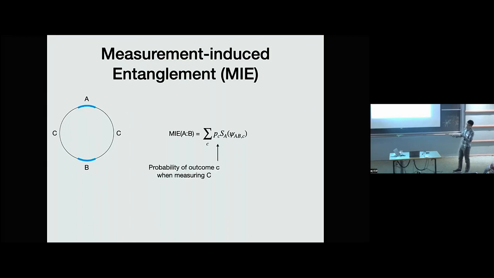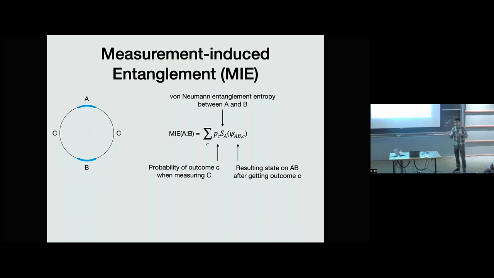And after we get that outcome, the remaining system AB is now in some pure state that depends on the outcome we got on C, right? And S_A is just the von Neumann entropy between A and B for that pure state on AB we got. So MIE is just the average entanglement you generate after measuring C in a given basis. And we'll want to compare this with things like correlation functions between A and B or mutual information between A and B.